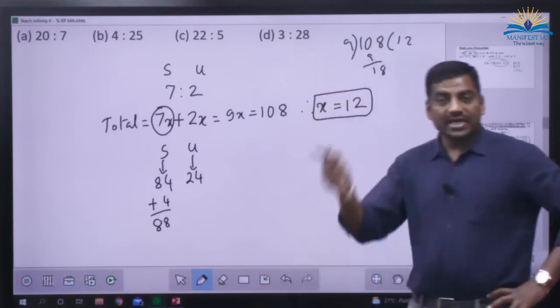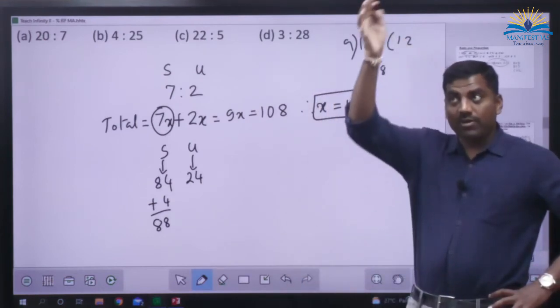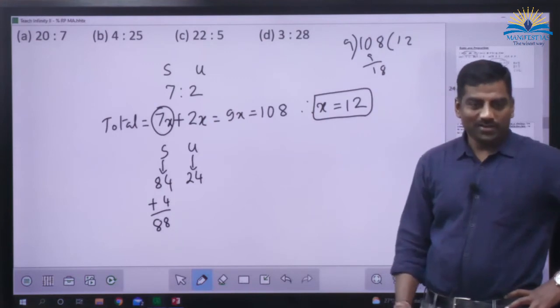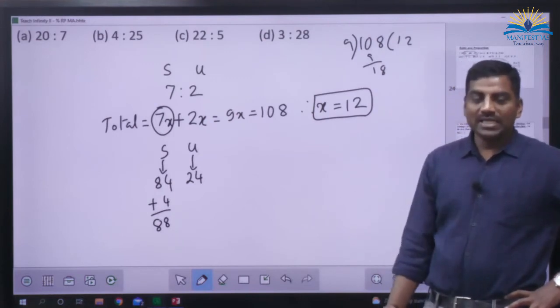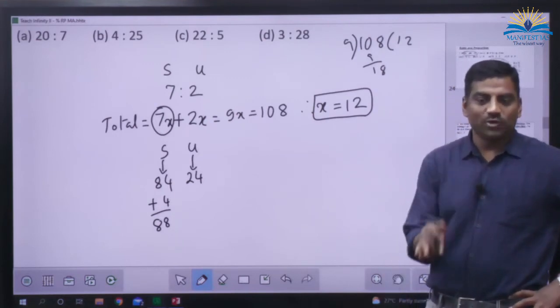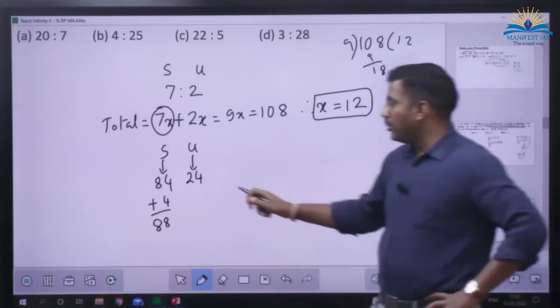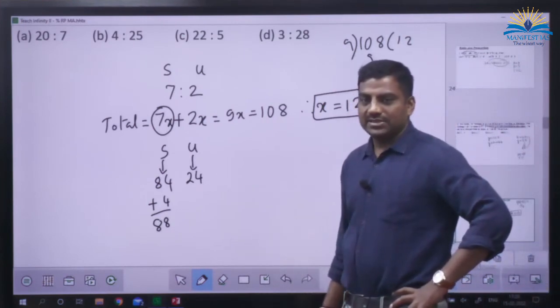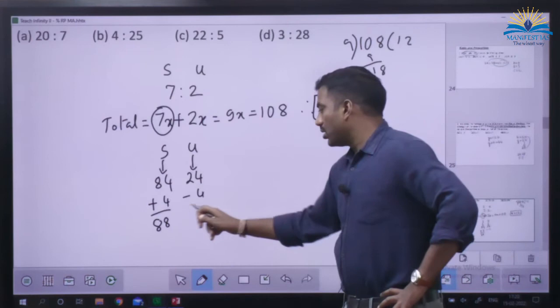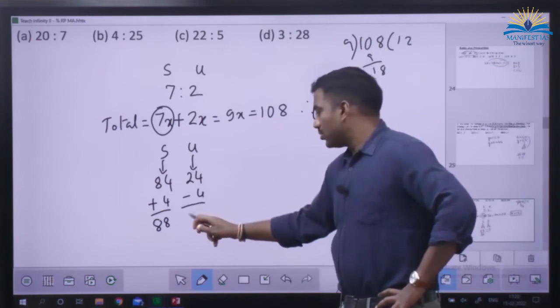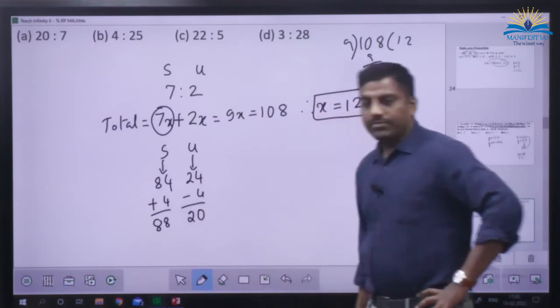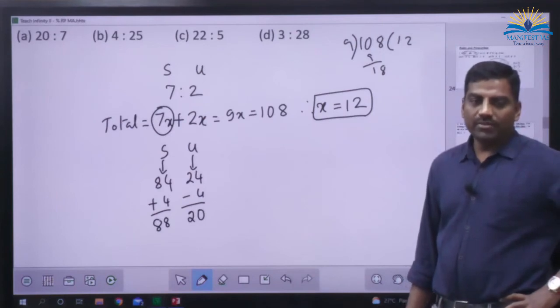But where are they coming from? Are they coming from above? No, from the class only. Unsuccessful candidates are becoming successful now. So what will be the new number of unsuccessful candidates? These 4 are from there only, so they are 20.